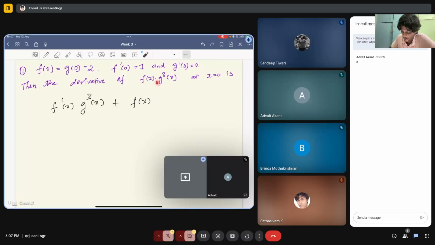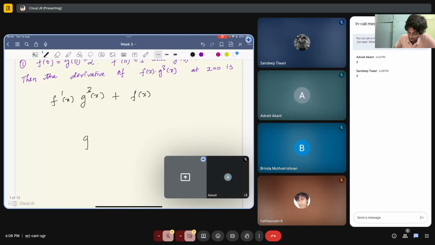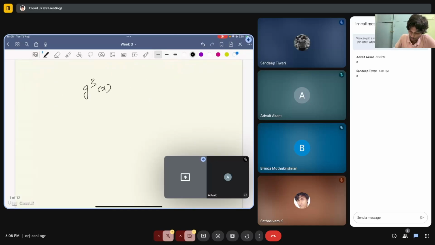Here, when you want to take the derivative of g cube, you have to use the chain rule, because you have a composition of functions. g cube of x is a composition of two functions: the first one maps x to x cube, and the other maps x to g of x.